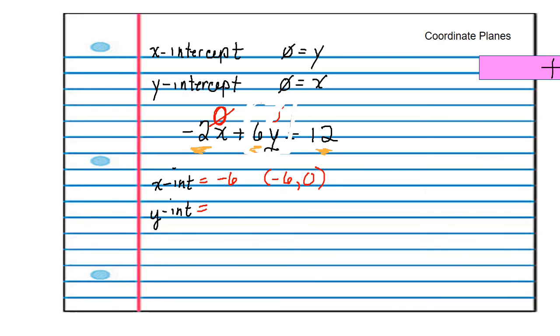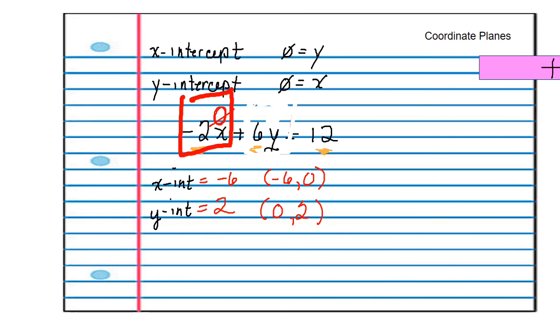There we go. Looky there, I have to use whiteout even when I use a video. Isn't that awesome? Okay, so now what we have is just this 6y here equals that 12 because the xy thing disappears. Hi, goodbye. And with a little bit of thinking, 6 times what is 12 is 2, so the y-intercept is 2.